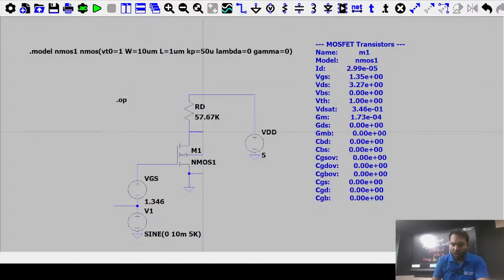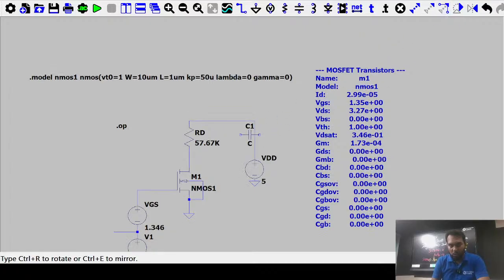Okay, if you want, you can take a capacitor here also. Why? Because this capacitor will block the DC voltage, and after the DC voltage it will let the output fluctuate. So you can use a DC blocking capacitor also. So you can use a capacitance here.